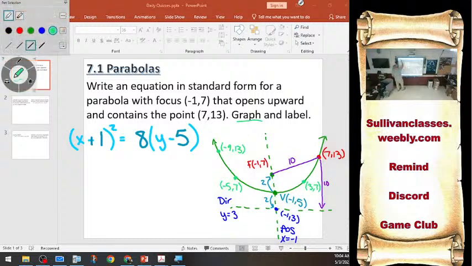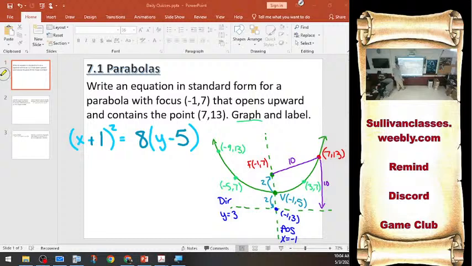So we're going to say step 1. Did you find the distance and use it correctly? Meaning you didn't just find 10, you used that 10 to go in the correct direction to find the directrix.